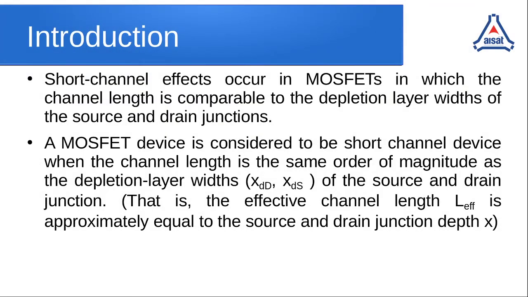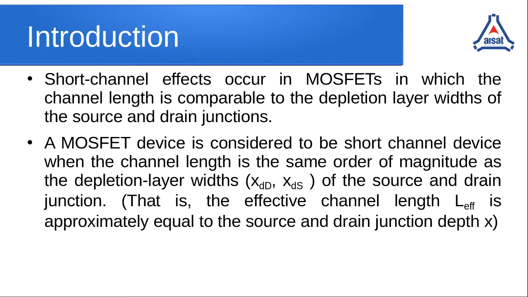The short channel effect occurs in MOSFET when the channel length is comparable to the depletion layer width at the source and drain junction. Until now, we were not considering a depletion layer width at the junctions, the source and drain junctions separately.